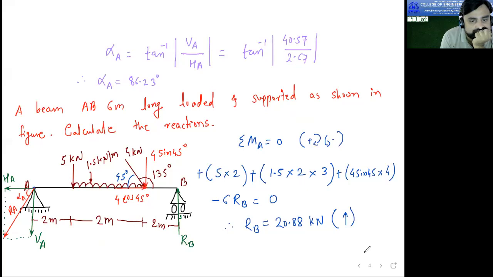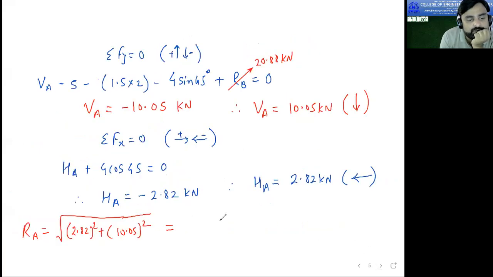10.43 kilonewton. So this is RA. And therefore alpha A we need to calculate. Therefore alpha A is equal to tan inverse in mod, it is 10.05 divided by 2.82.